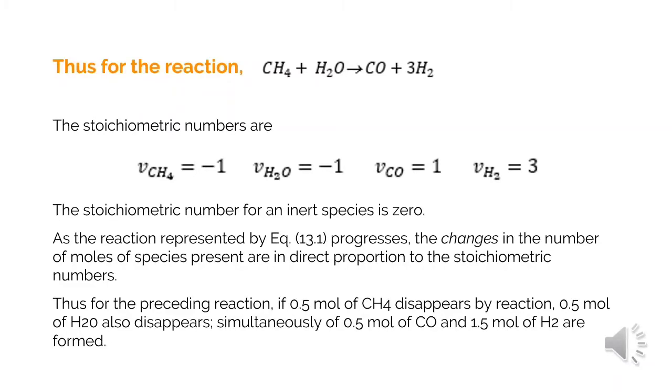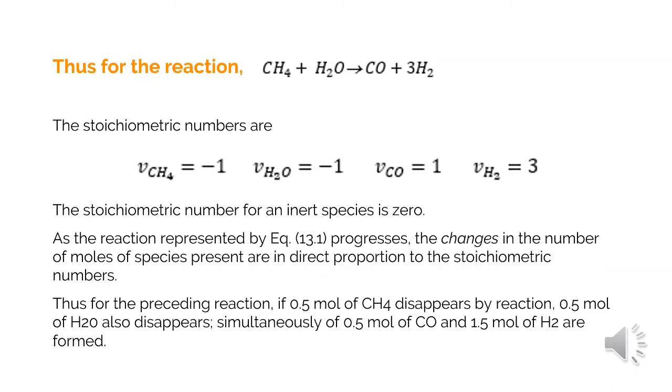The same goes for H2O, which is -1, because the mole number for H2O and CH4 is 1. The products are positive, so vCO equals 1 and vH2 equals 3. The stoichiometric number for an inert species is 0.